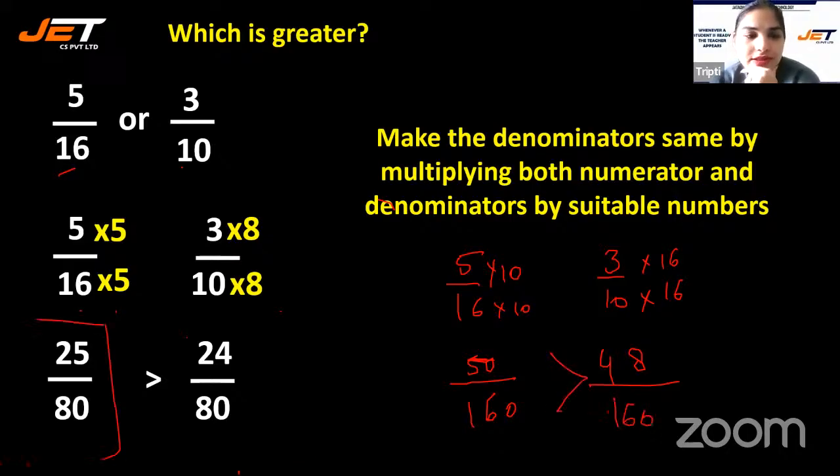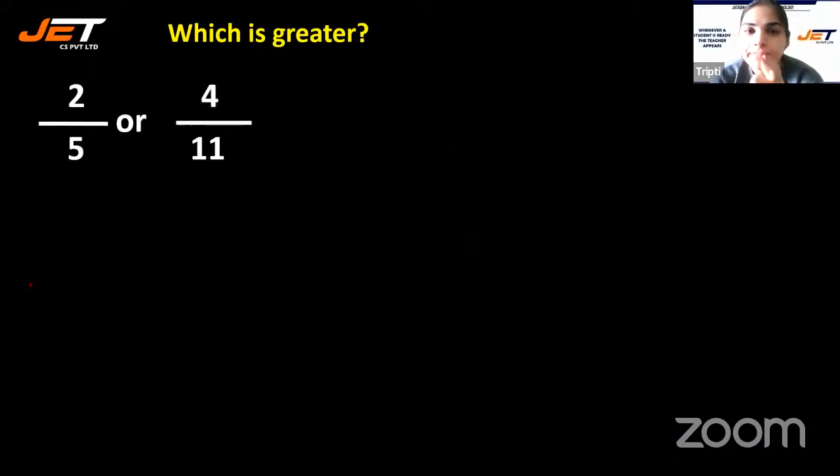Similarly, here also it's the same. So that's how you have to do it. There are multiple ways of making the denominator same. Either find the LCM or just multiply the fraction with the denominators of each other, like that.